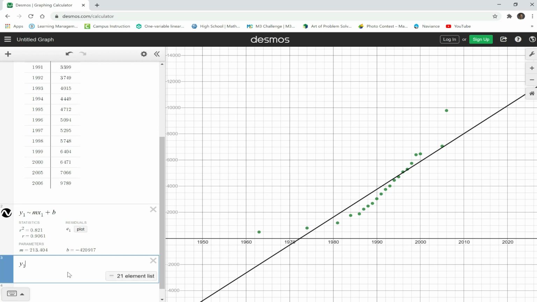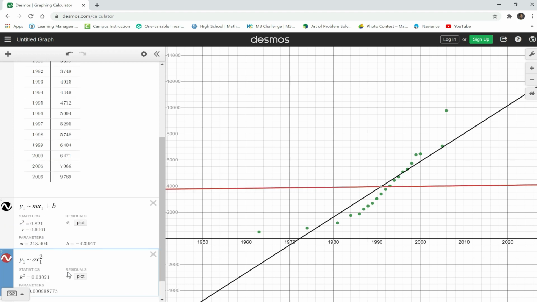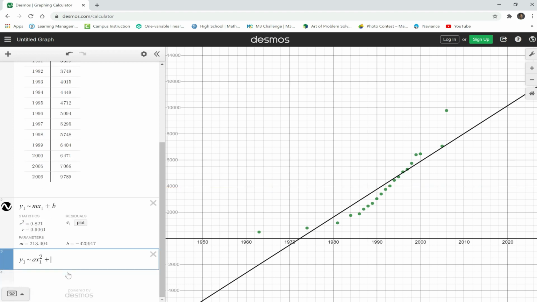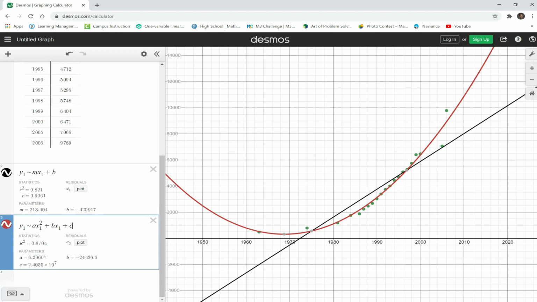y1 tilde ax1 squared plus bx1 plus c. So we have an r squared value of 0.9704.